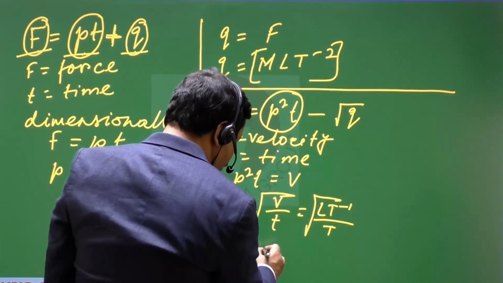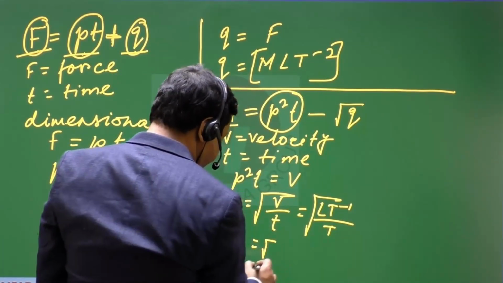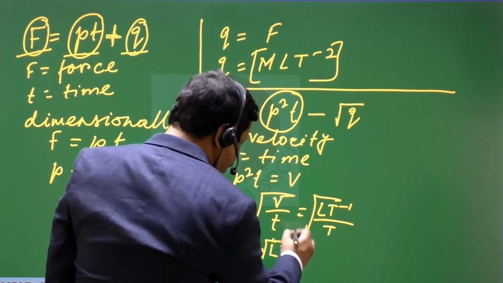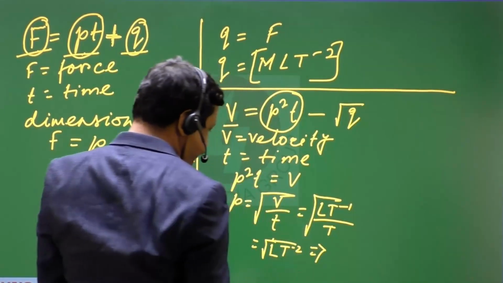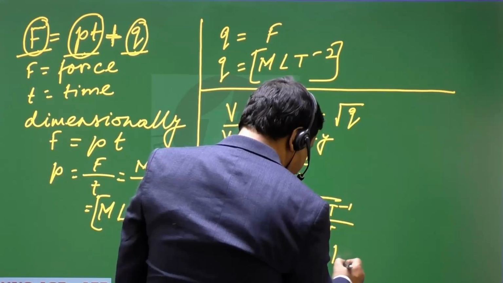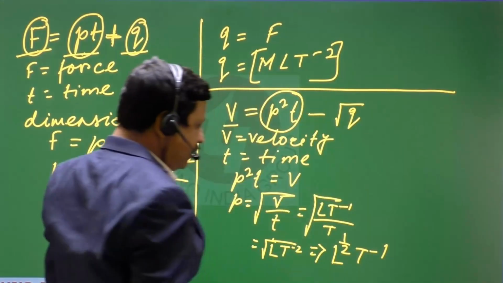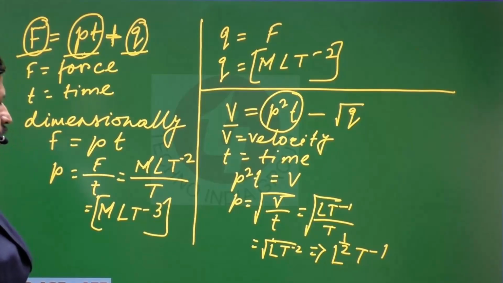That means P is root L T to the power minus 2, that is, L to the power half and T to the power minus 1. The dimension of P will be L to the power half, T to the power minus 1.